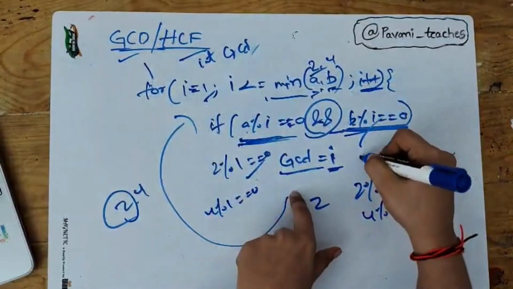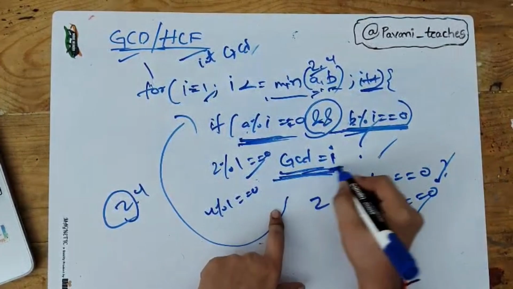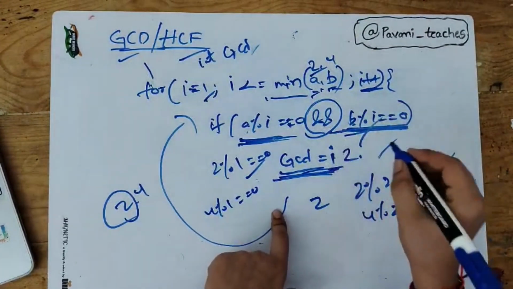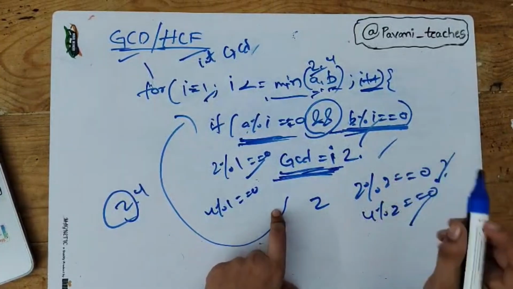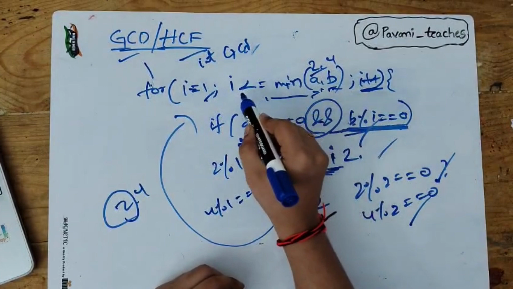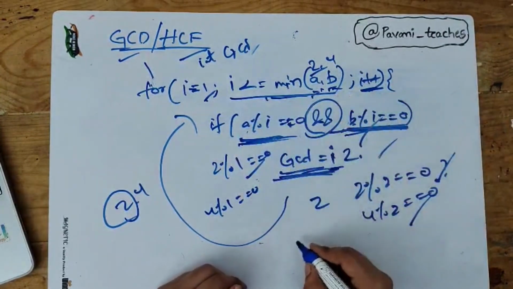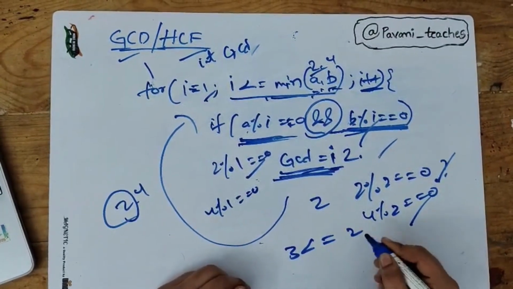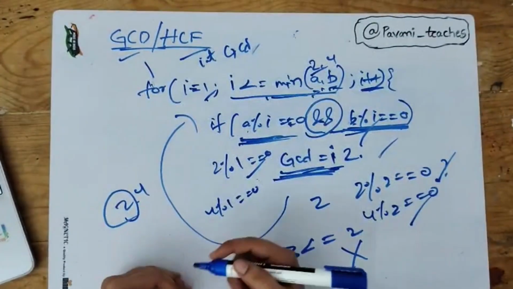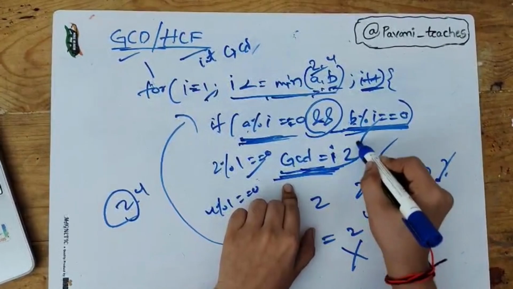So it will go inside the if and replace the i value. Before it was 1, now it will become 2. I hope you got it. Then again i will get incremented by 1. Now it will check if 3 is less than or equal to 2. No. So it will come out of the for loop and print this GCD value.